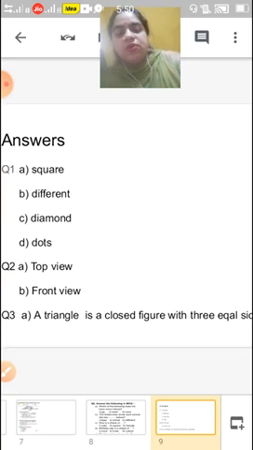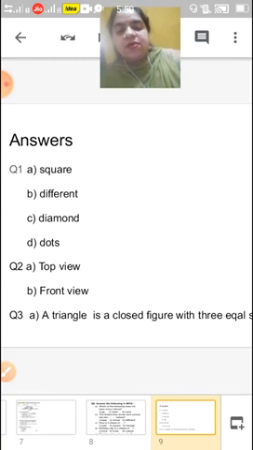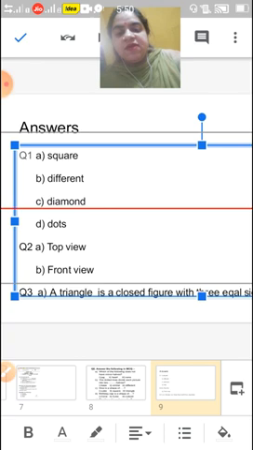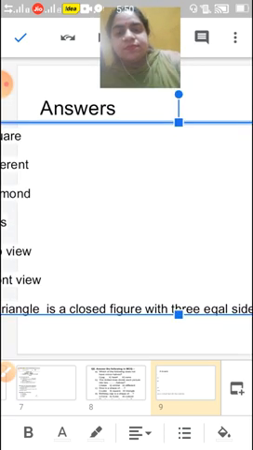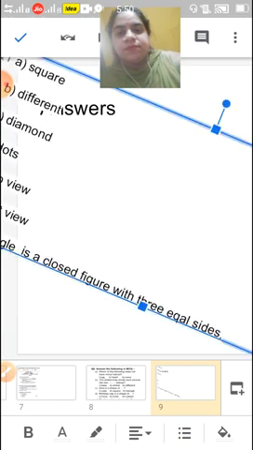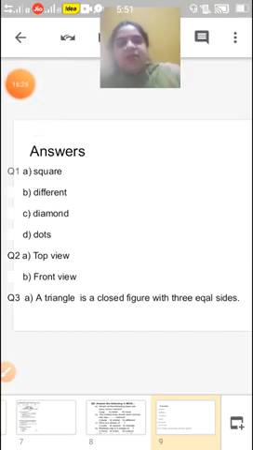I have given you definitions. So let's have a look. A triangle is a closed figure with three sides.